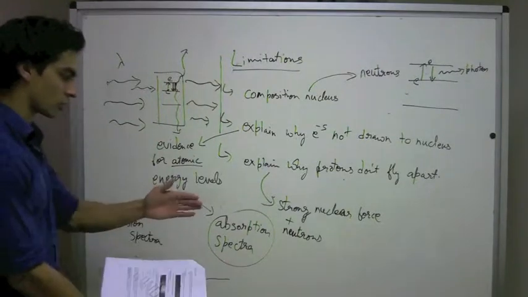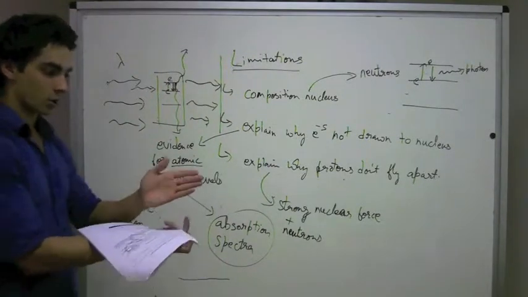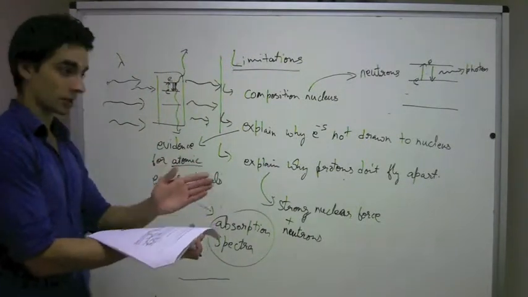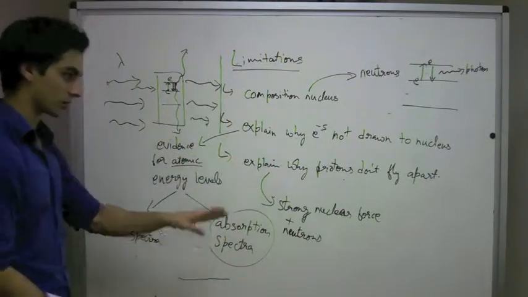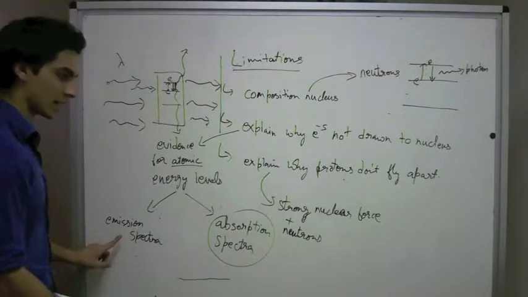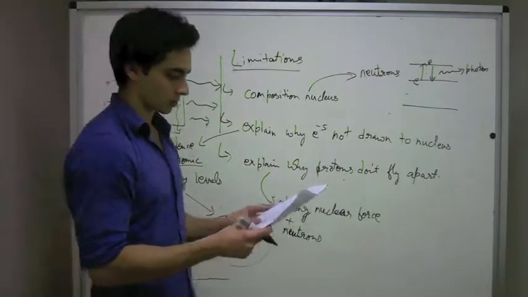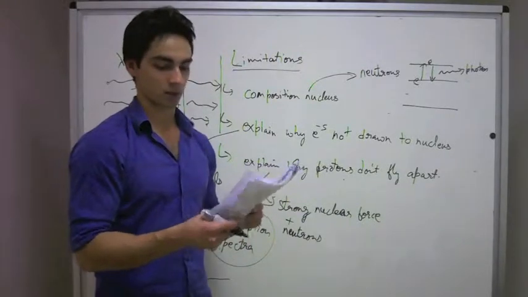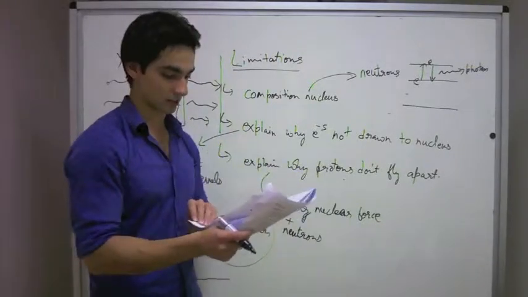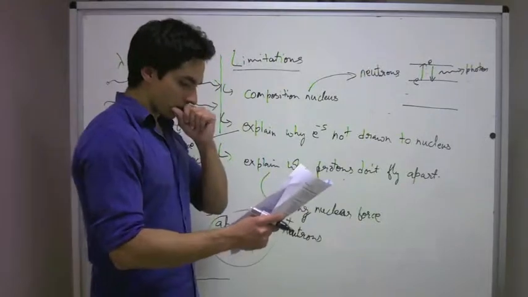And when you compare the absorption spectra and emission spectra of the same gas, you will actually see that the dark lines in the absorption spectra will correspond to the bright lines in the emission spectra. So basically two different methodologies of showing the evidence for the existence of atomic energy levels.